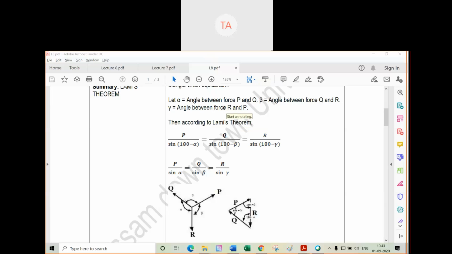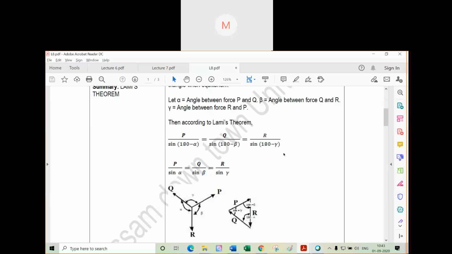Yes. Alpha is the angle between P and Q, so this is the alpha angle. Then beta is the angle between forces Q and R, and gamma is between R and P. Then as per Lami's theorem, we get this.